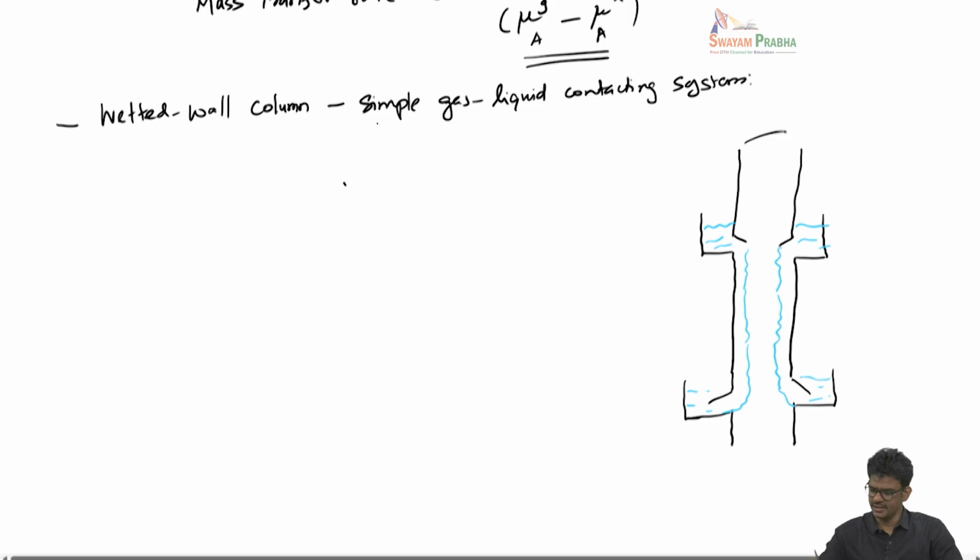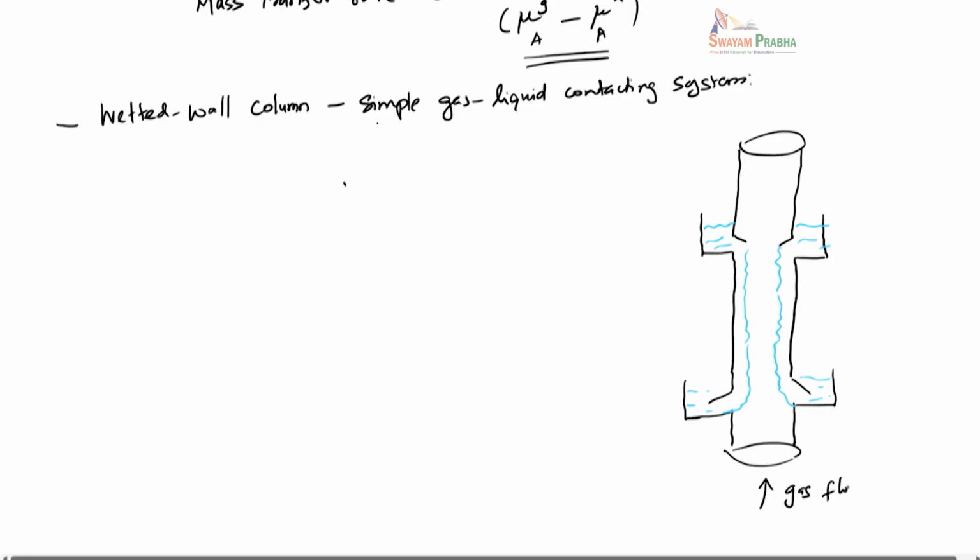So this is basically a kind of a pipe, a hollow tube, and a gas flows in here. Okay, gas flows upward. So this may have, for example, air plus ammonia in our example. Okay, it flows upward and then leaves at the top.